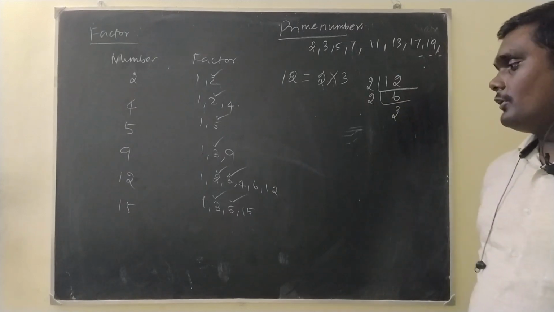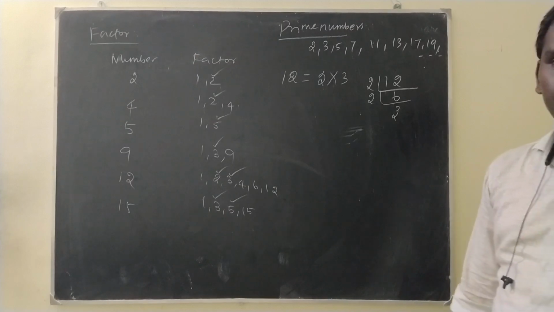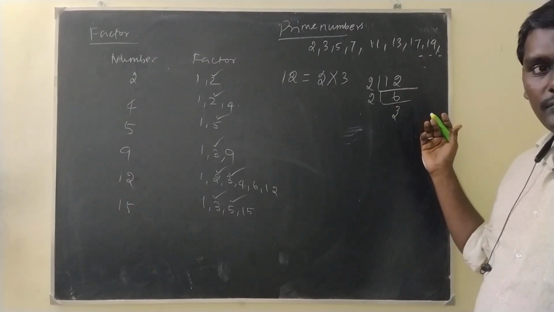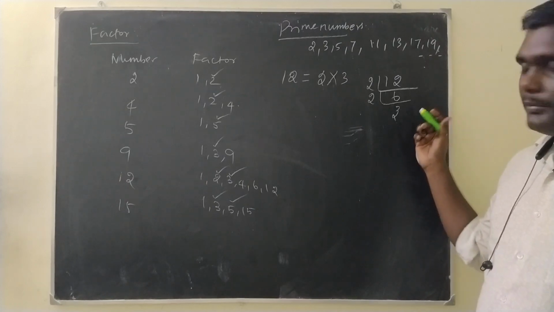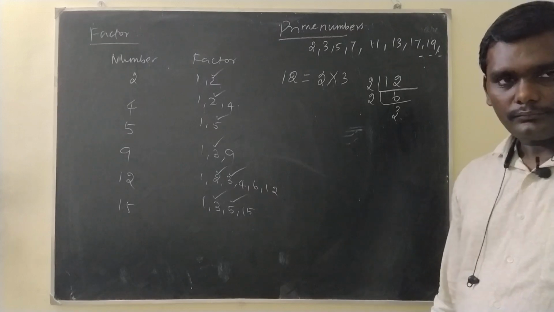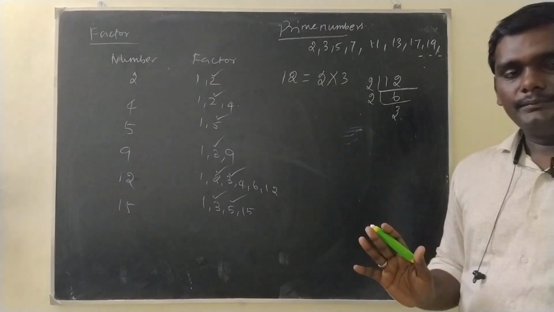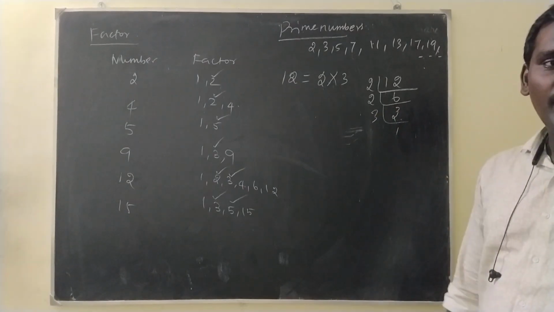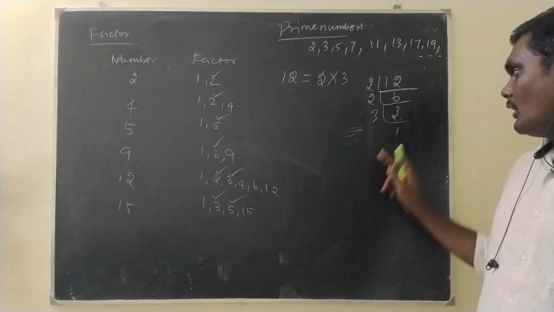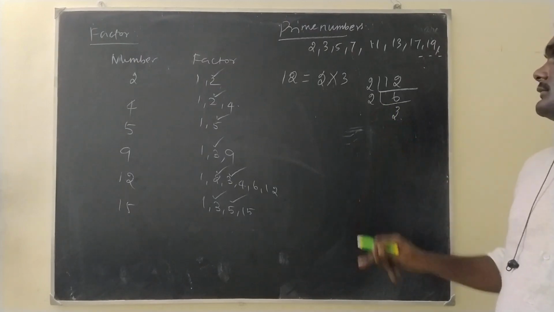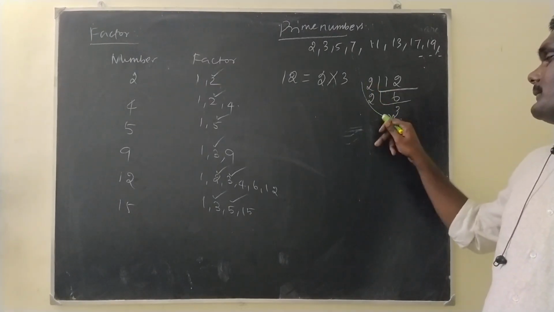When you divide 6 by 2, you get 3. And that is it. There is no prime factor that can divide this 3. 3 we can divide, but if we divide by 3, 1 will come. That we should not mention in the product because 1 is not a prime. So we stop right here and we multiply all the numbers.